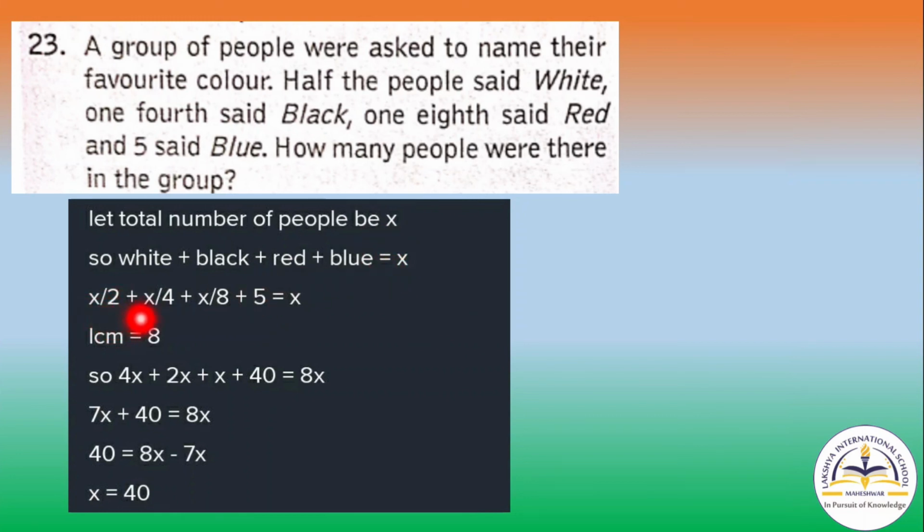Now x by 2 plus x by 4 plus x by 8 plus 5 equals x. Now we will take the LCM, which is 8, and take the LCM for the numerators too. When you solve this you will get the value of x, that is 40. So there were 40 people in the group.